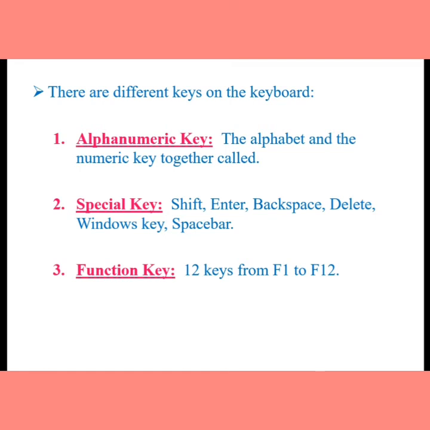Similarly, all the other keys also have their different uses. So, these are the keys of the keyboard using which we can give different inputs to our computers. Now, this keyboard is used for desktop. For laptop, there is a keypad.